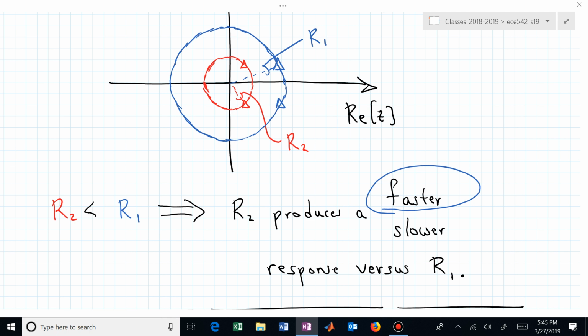Does peak time give us something like that, or overshoot? What's the overshoot give us? Be still my heart.